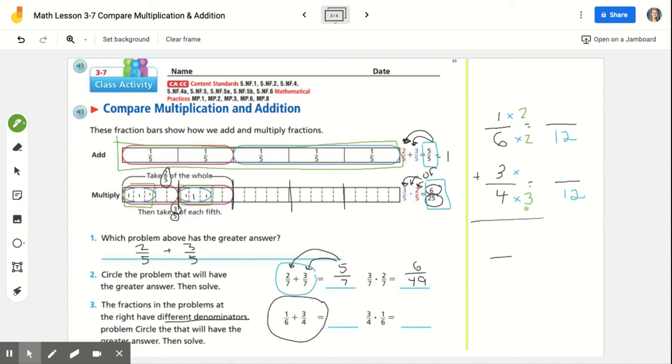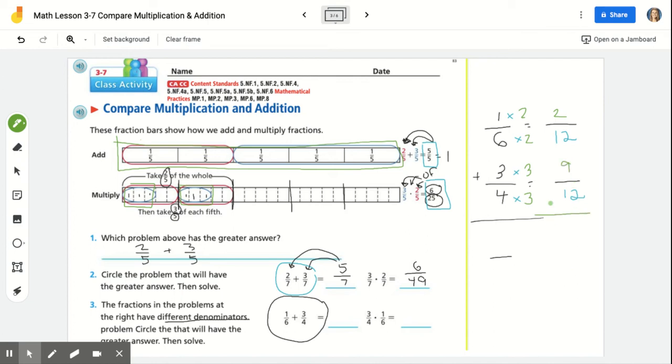Whatever you do to your denominator, you do to your numerator. We're creating equivalent fractions here. And now we're all set up for success. Go ahead and complete those 2 equivalent fractions, find those numerators. Did you get it? 2/12 and 9/12.